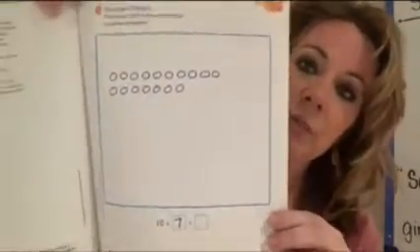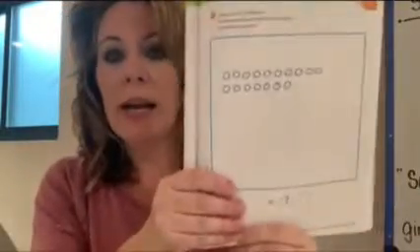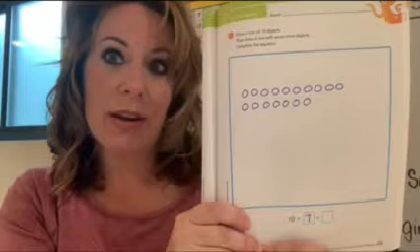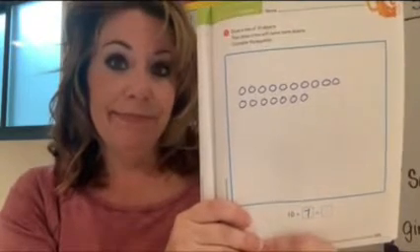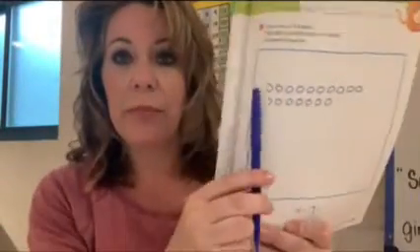So 10 plus 7, well, how can I find out what 10 plus 7 is? There are a couple different ways, boys and girls, okay? What's one way that I can figure it out? Go ahead and shout it out really loud so I can hear you. I can count every single object, right?